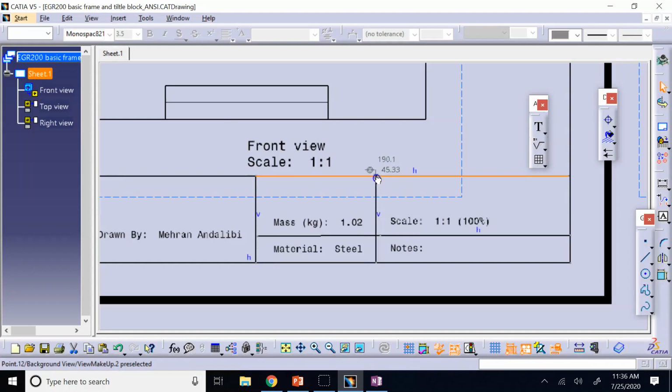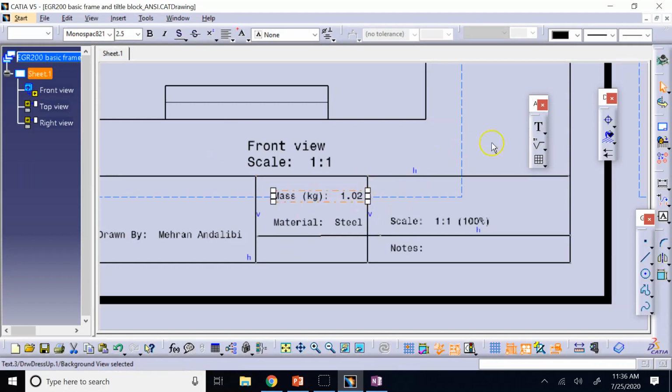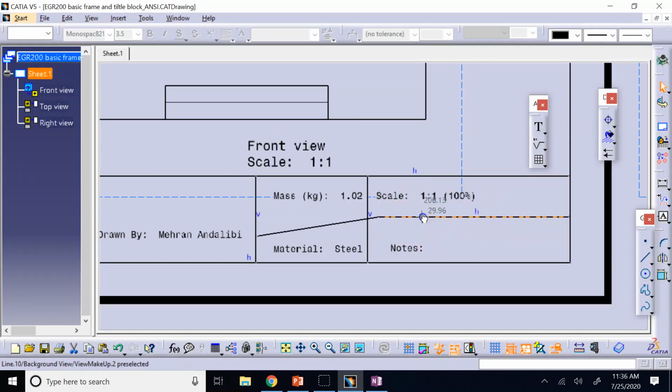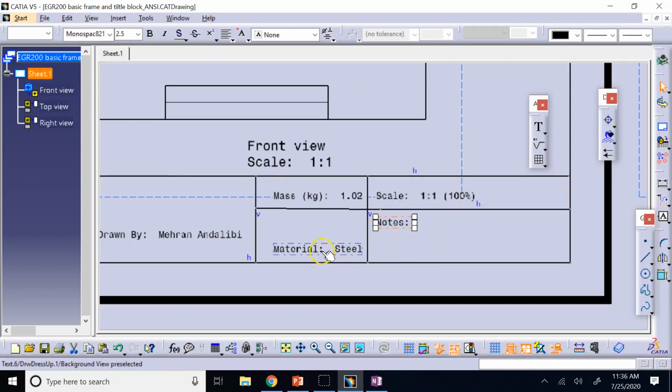So you can modify anything you want with this, and it is way more efficient than that complicated one from the Solid Systems. So now you can add your notes over here, right?